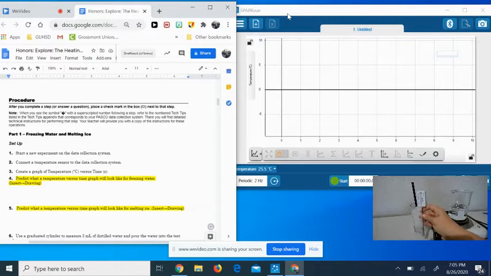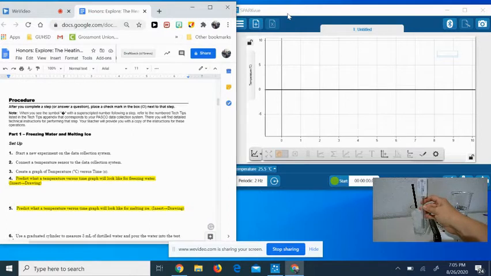I can see on my screen, if you look on the right-hand side, 25.6, 25.5 degrees Celsius, okay? And that's what we're looking at right here. So the next thing I'd like for you to do is, and I have this set up, the temperature versus time graph, and I would like for you to predict what a temperature versus time graph is going to look like. So is the temperature going to go up?